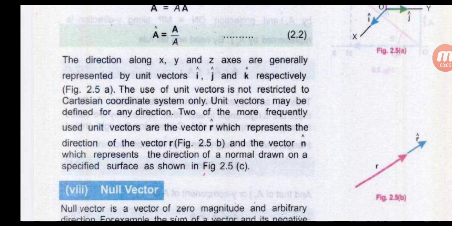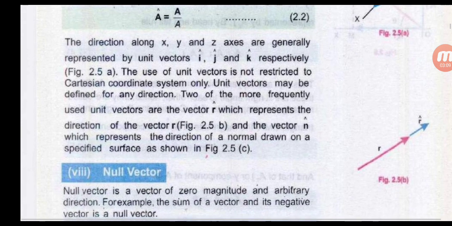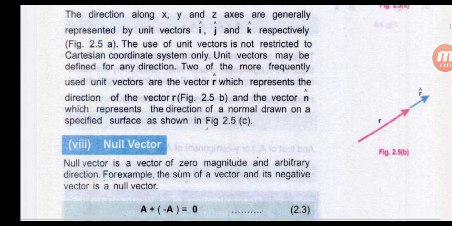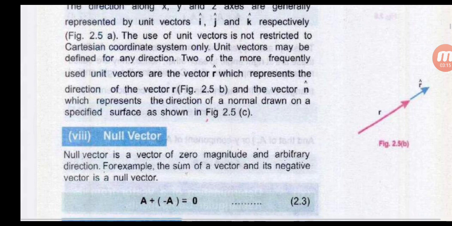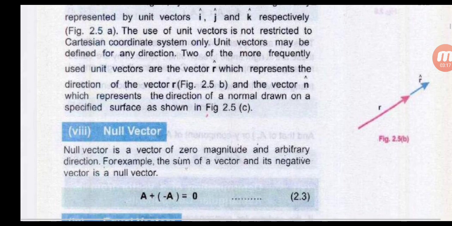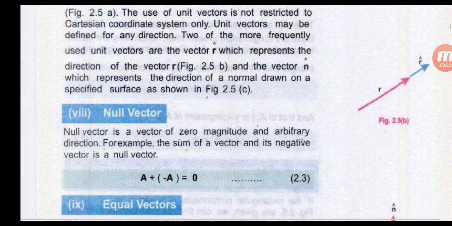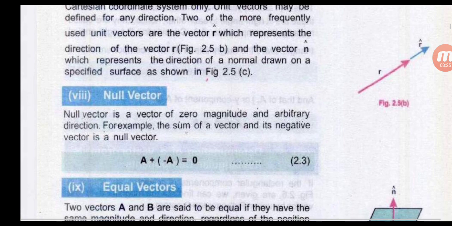Unit vectors may be defined for any direction. Two of the more frequently used unit vectors are the vector r hat, which represents the direction of the vector r, and the vector n hat, which represents the direction of a normal drawn on a specified surface.